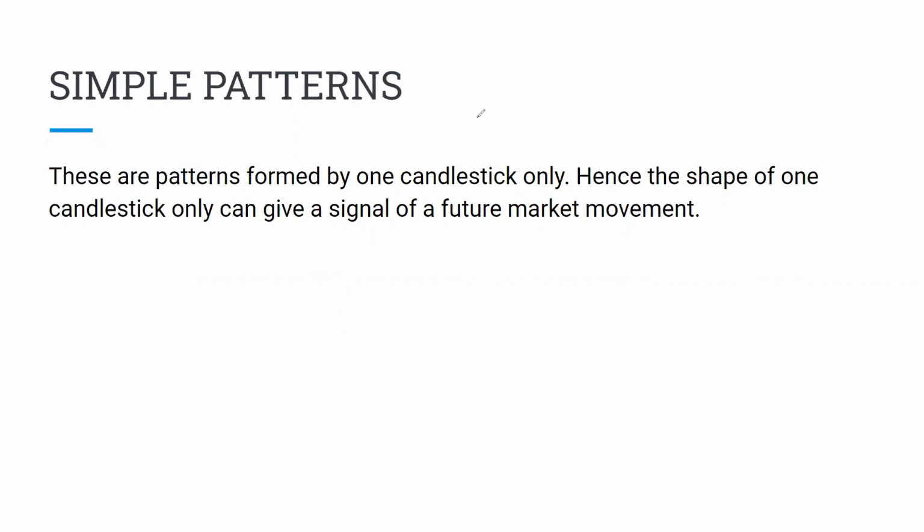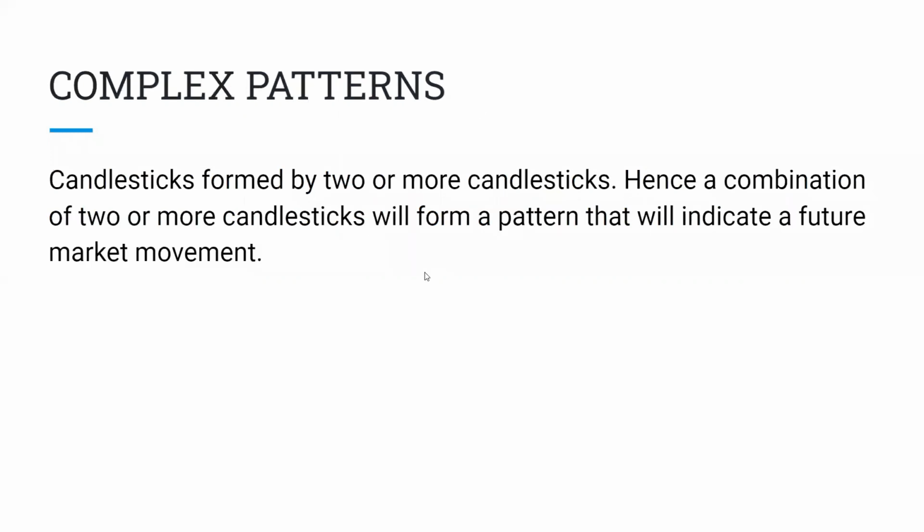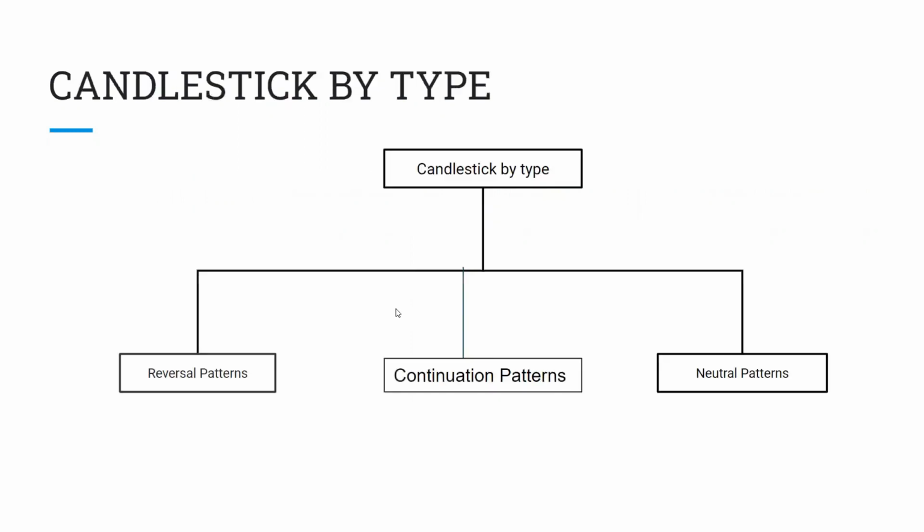So let's look at the next, complex patterns. These take two or more candlesticks to form a pattern that is used to predict future price movements. Now let's look at candlesticks by type. We have reversal patterns, continuation patterns, and neutral patterns.